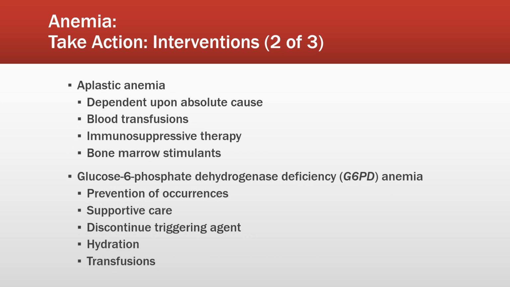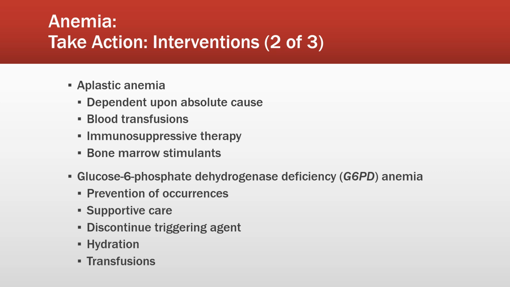Anemia: the physician or the team wants to find out the absolute cause of the aplastic anemia, such as T cell destruction. The patient may require blood transfusion, and with blood transfusion there are some nursing responsibilities pre, during, and post transfusion.